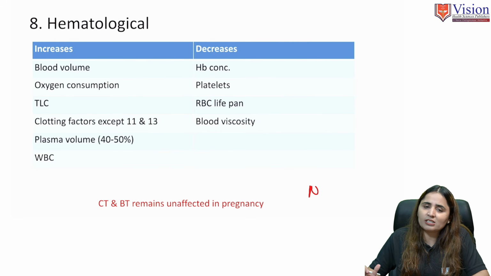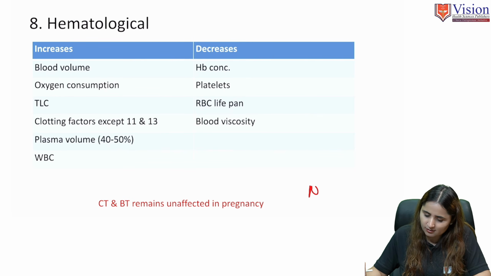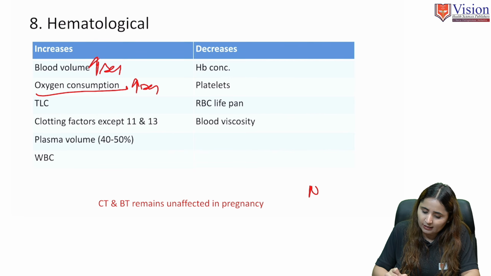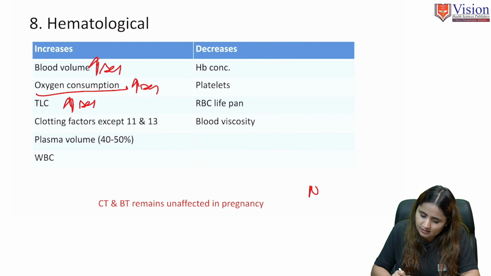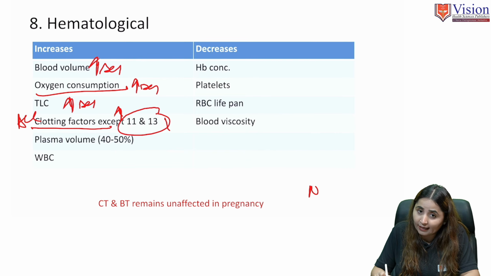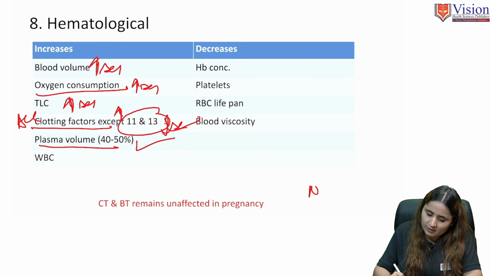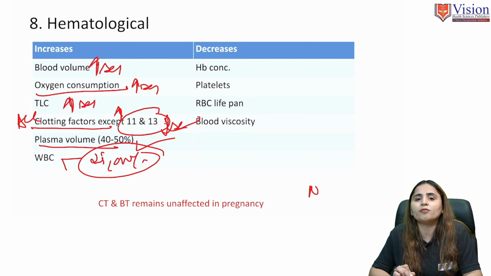Then another is the changes which occur in the hematological system. In the blood, there is an increase in blood volume, oxygen consumption increases, TLC level increases, and all clotting factors increase except 11 and 13. These two will decrease. Plasma volume will increase by 40 to 50%, and WBC count usually increases to around 25,000.